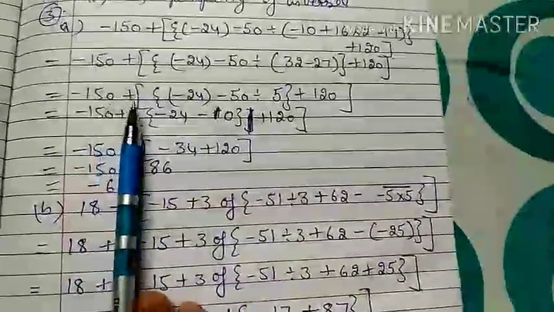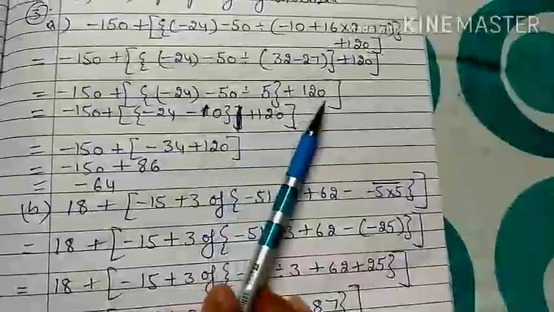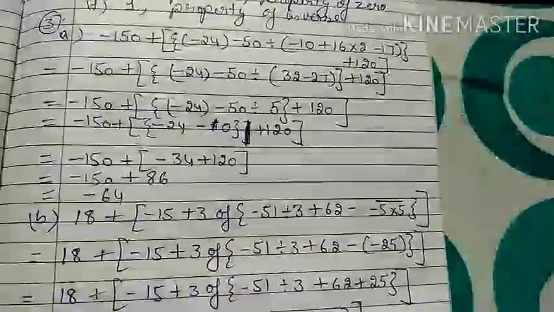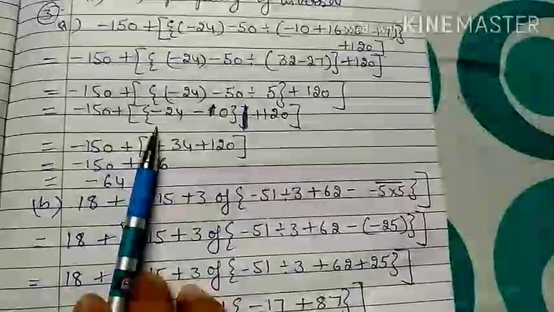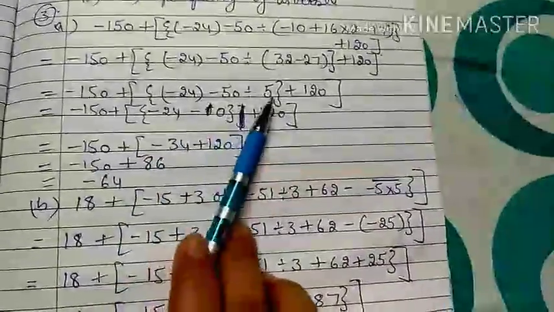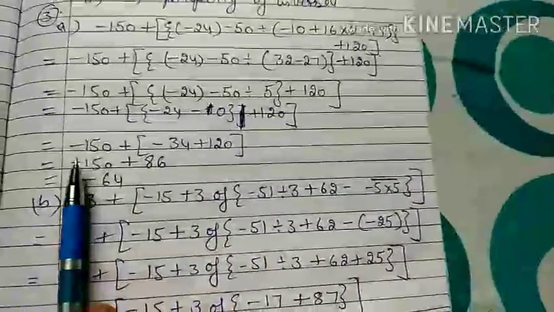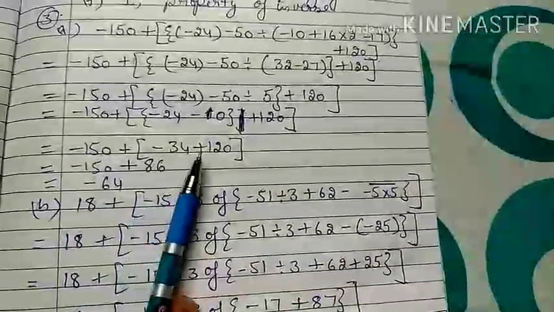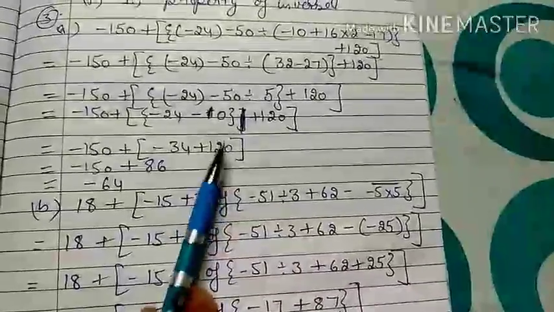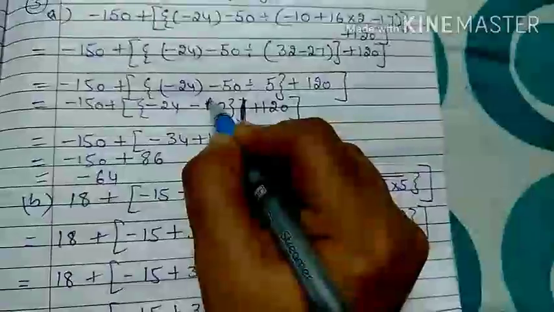Here minus 150 plus minus 24 minus 50 divided by 5 plus 120. Then minus 50 divided by 5 gives me minus 10, plus 120. Here minus 150 plus minus 34 plus 120, because minus 24 minus 10 is my next curly bracket.